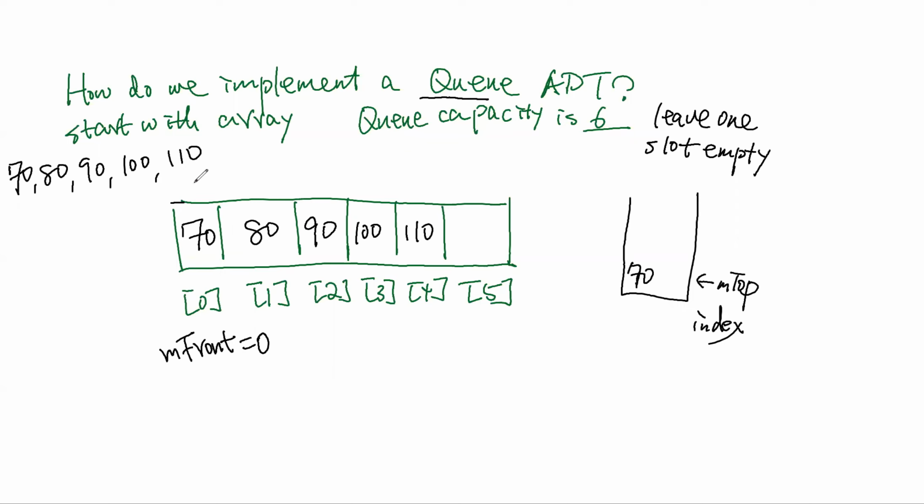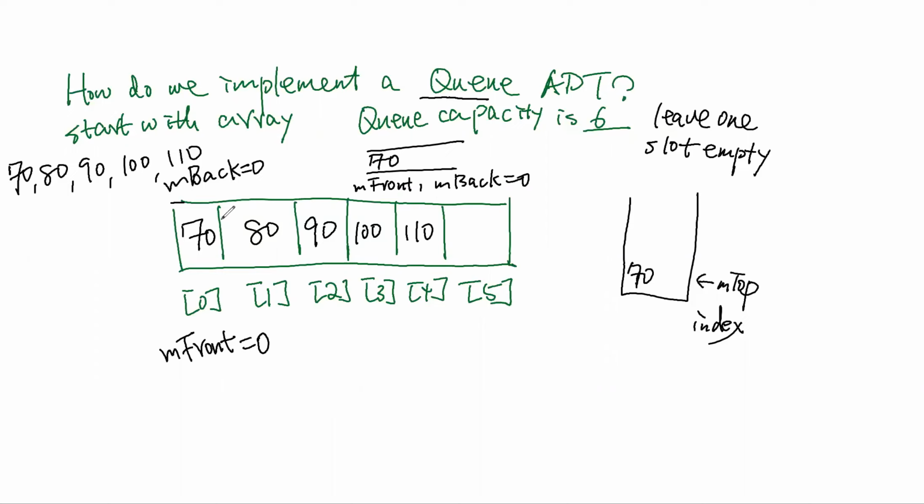When the queue is empty, both M front and M back, you set both at 0. So M back in this case is 0, M front is 0, and then I add 70 to this queue.